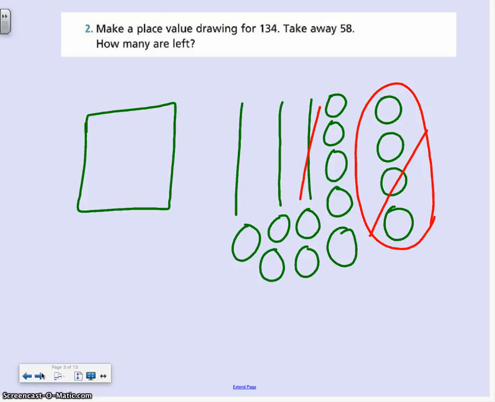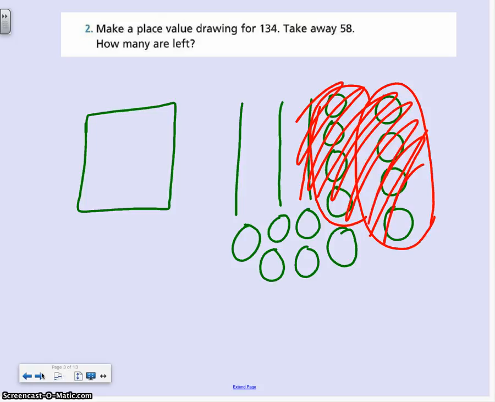Because 10 ones is equal to 1 10 stick? Exactly. Oh. Now I can get rid of 4 more. And now I'm just going to kind of shade it so it's easier for me to tell that it is gone. So I've taken away the 8 right here in the 1s, and now I need to take away 5. So can I just take away 5 more 1s? Well, 5 1s and 5 10s are 2 different things. So what I'm thinking is using your strategy that you just used to change my 100 place value drawing into 10 sticks.